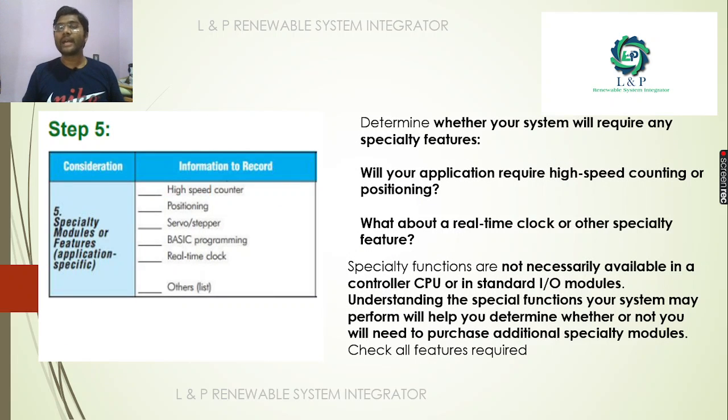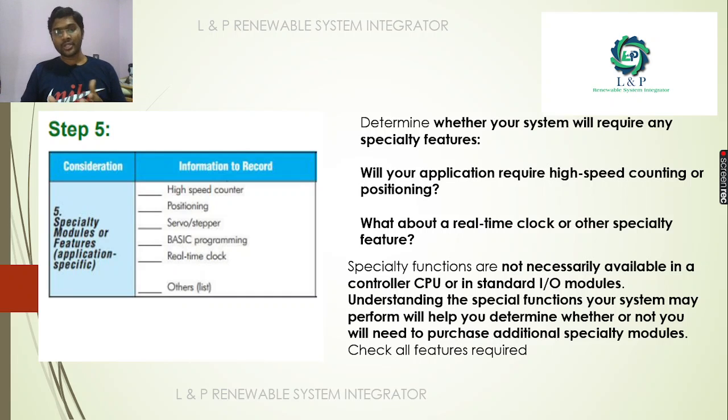Next, we need to determine whether our system requires any special features, because for certain applications we need to do the counting process and the positioning process. In such occasions, will our controller satisfy all these needs, or do we need to add any new add-ons or controllers for that? And make sure it has a real-time clock facility, otherwise we need to add it externally.